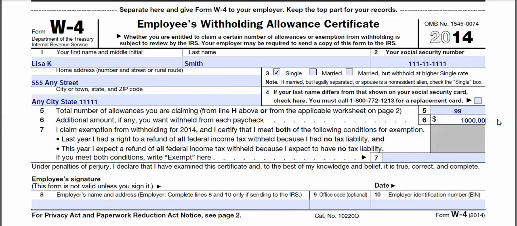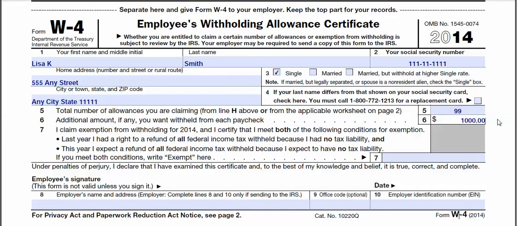The IRS says that you are required to have a number in box 5. So if you have a number and then you have a certain amount in box 6, you have a valid W-4. But if you leave box 5 blank and simply put $1,000 in box 6, then your W-4 is invalid.